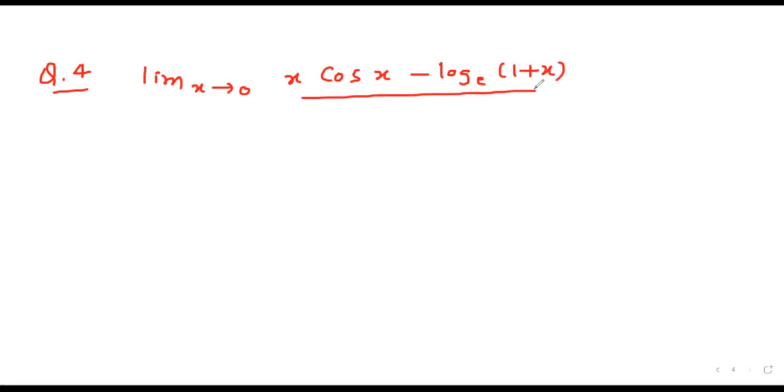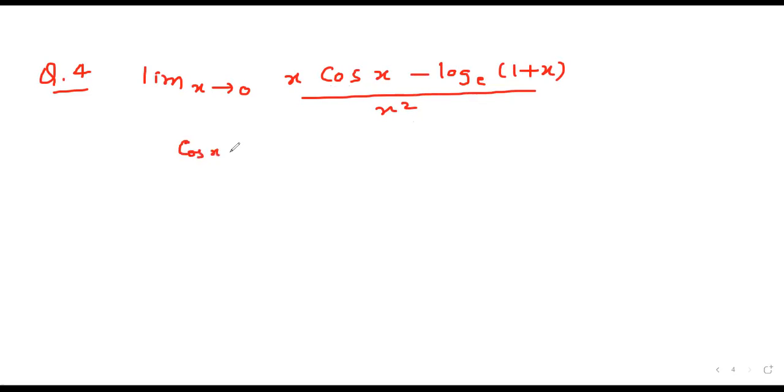Let's consider question number 4. Question number 4 says limit x tends to 0, (x cos x minus log(1 plus x)) divided by x square. Here we expand both the terms.